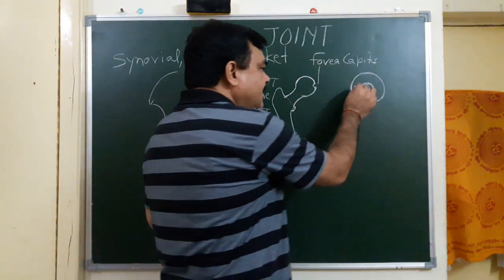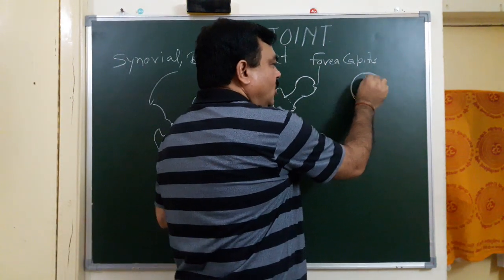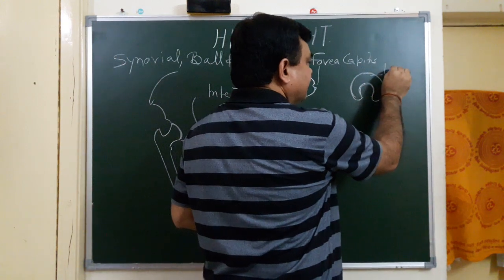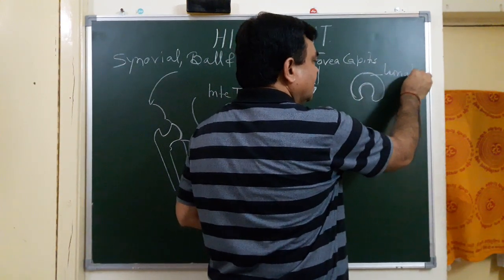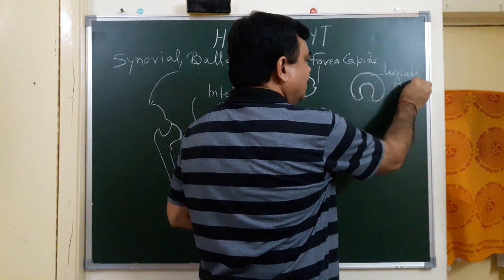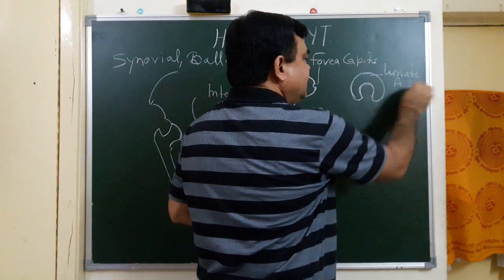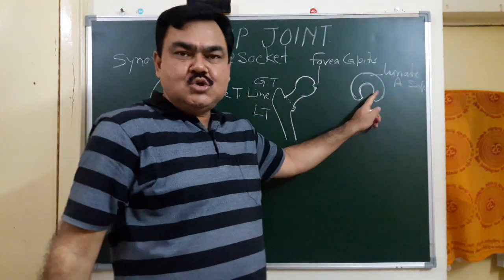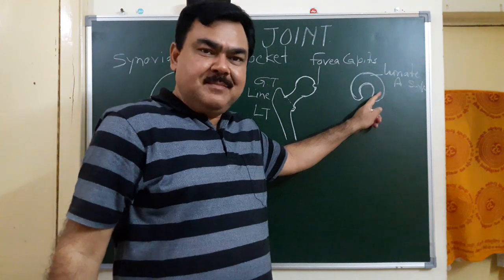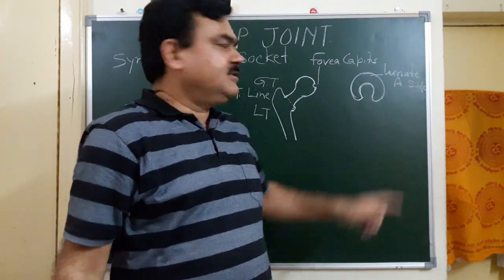It has a lunate articular surface. This surface is horseshoe shaped.